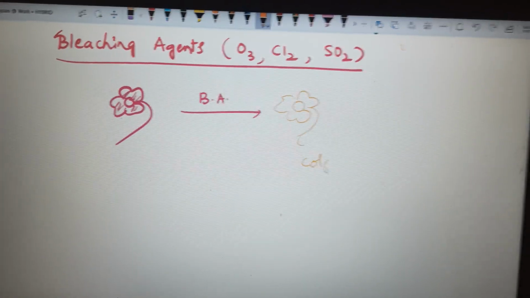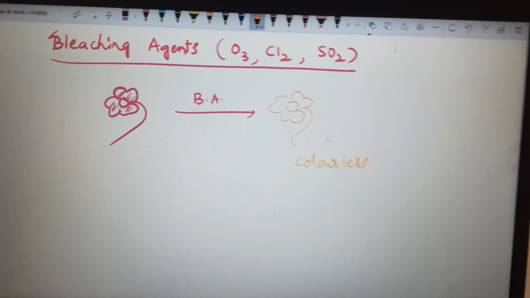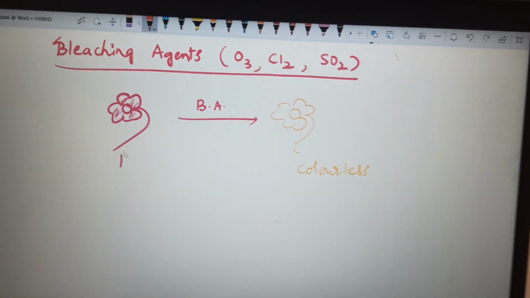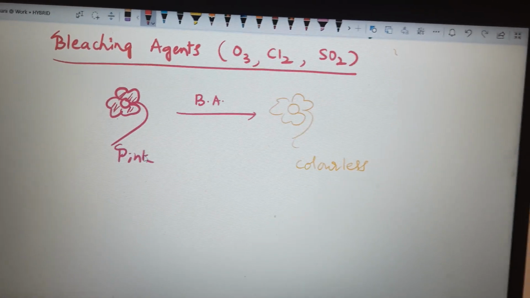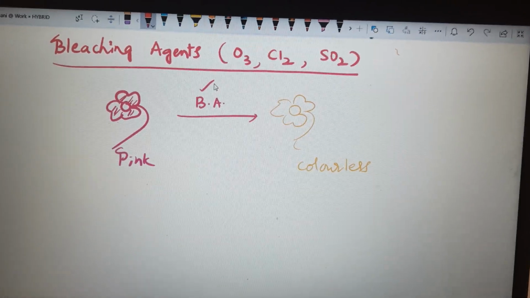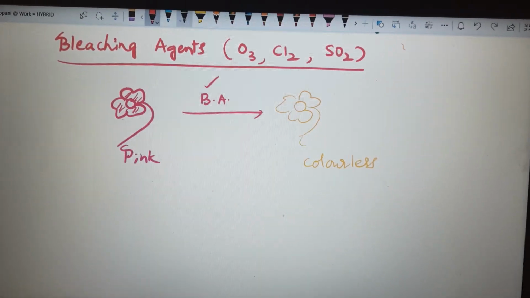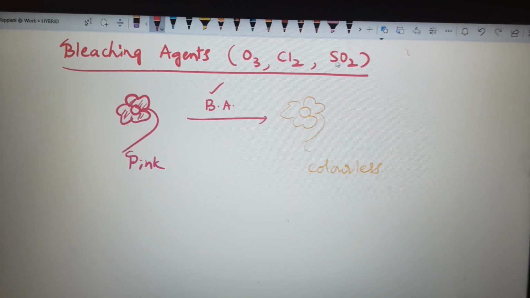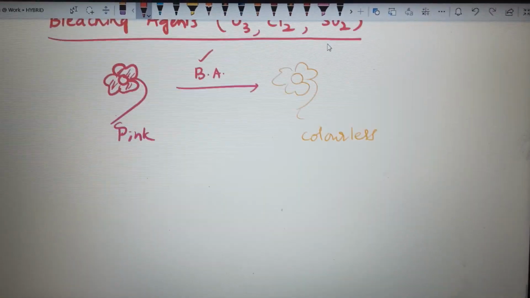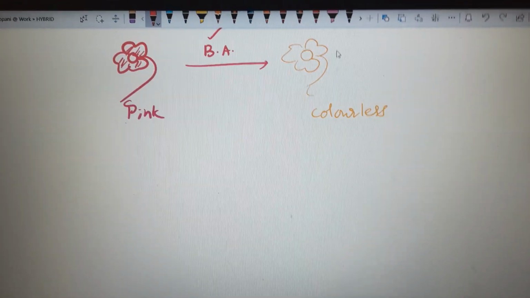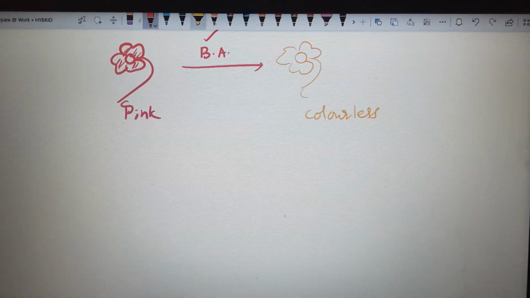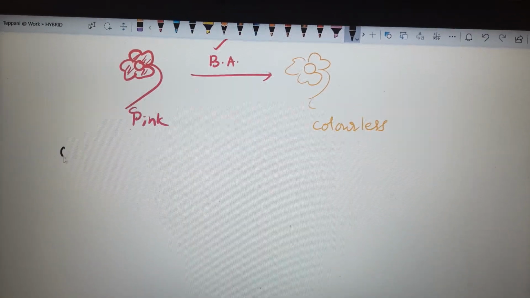Say for example this is colorless, this is of rose color or pink color. This color is vanished by adding bleaching agent. Now how ozone, chlorine and SO2 will act as a bleaching agent in comparative manner we will study here.